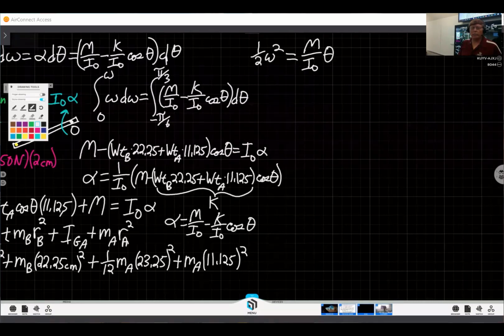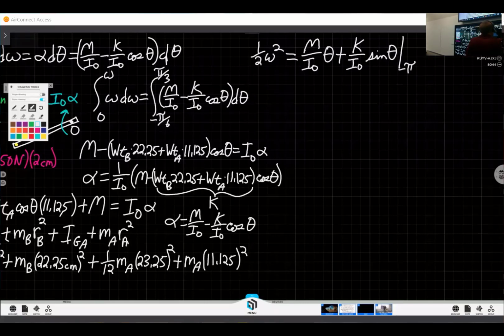Negative sign or positive sign? Negative sign. Thank you. So that means we have negative, negative, so we would put a positive K over I-O sine theta. Evaluate it from where? Again, from minus pi over 6 to pi over 3.